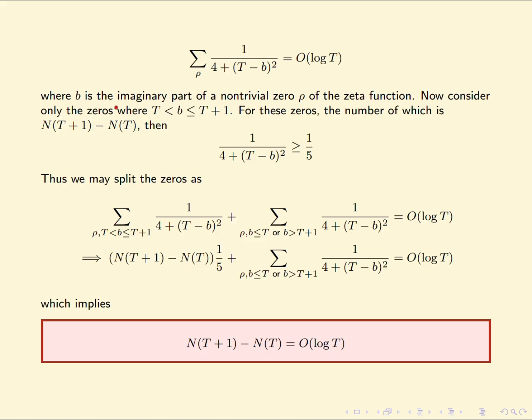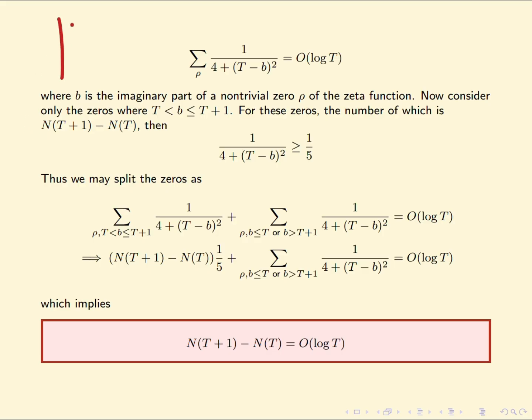And now consider, we're going to consider only the zeros where b, the imaginary part of the zero, is between t and t plus 1. I'm going to try to consider the number of zeros in a region of the critical strip.